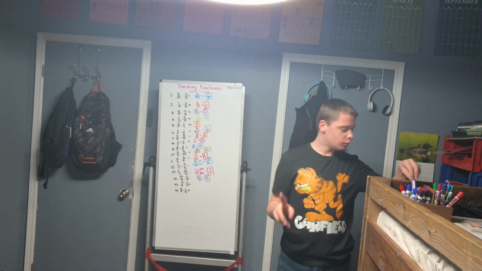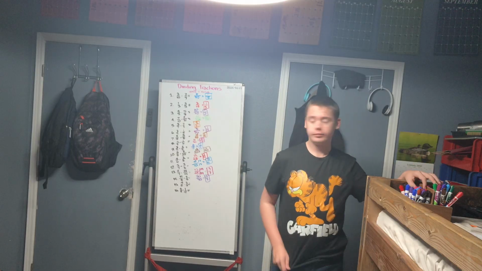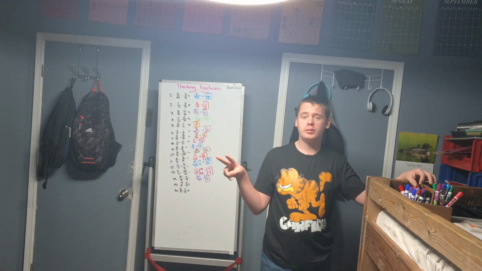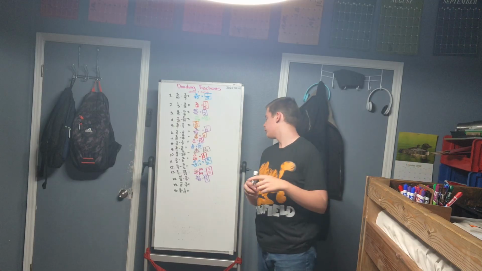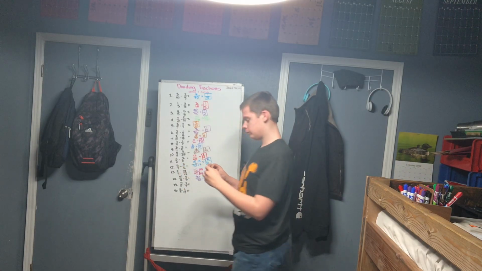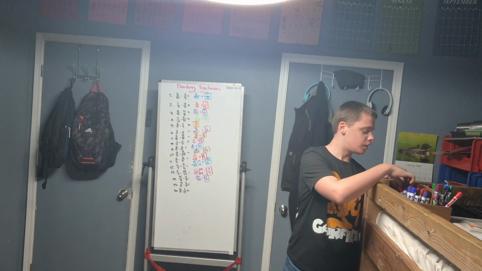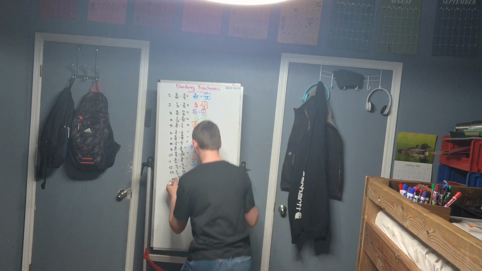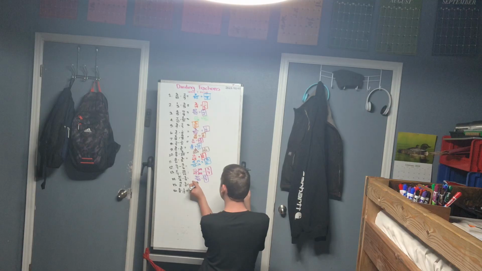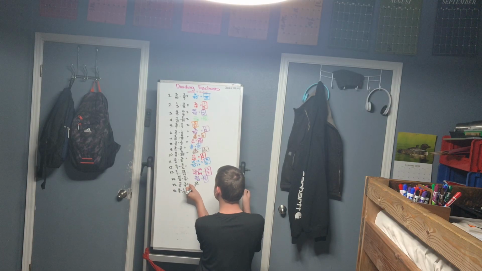Number 15. We're asked 2 problems. So, we're just going to do best ones in black. So, 4 times 3 is 12. 6 times 9 is 54.